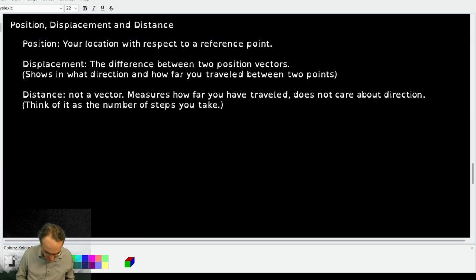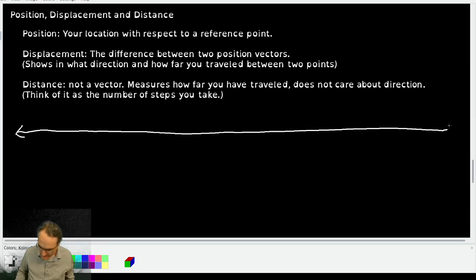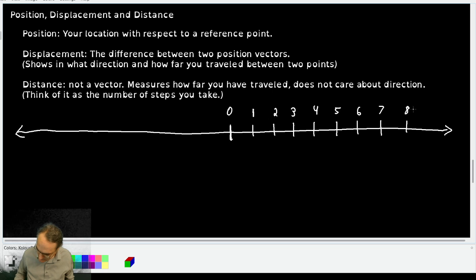All right, we are going to talk about this in one dimension, and the easiest way to think about it is to use a number line. So we'll put our 0 point somewhere here, and we'll count out some number of steps in each direction, and then we'll come up with some locations that we can go between. So 1, 2, 3, 4, 5, 6, 7, 8.